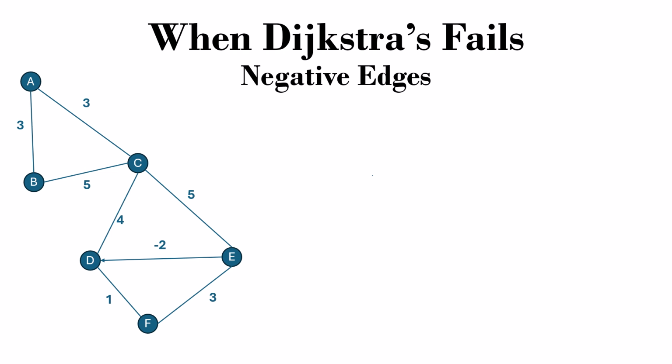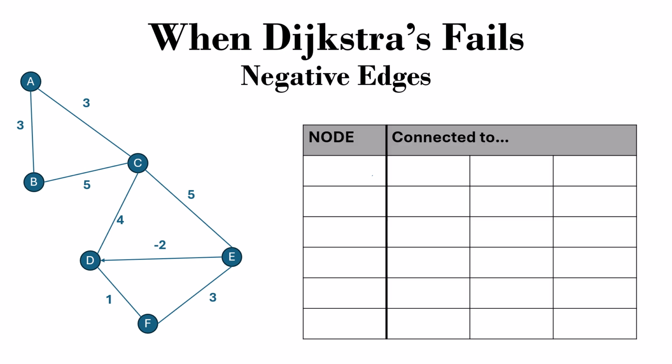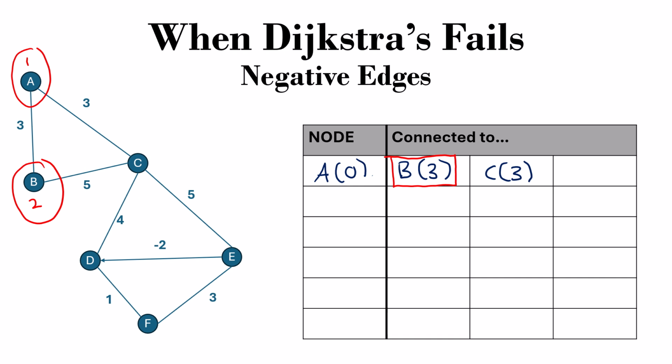We're going to go from A to F. So let's start with node A. That's our first node, and A has a distance of 0, but it's connected to B, which is 3, and C, which is 3. It doesn't really matter which one you decide to do next. I'll just do them in order. So there's B, so B becomes node 2. If B is 3, that gets us to C with an extra 5, so that's going to be 8.